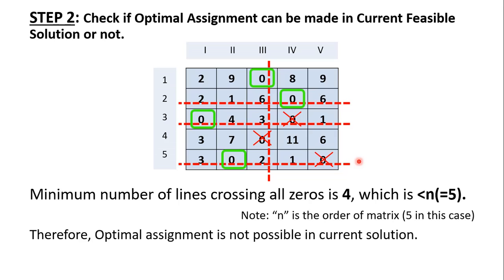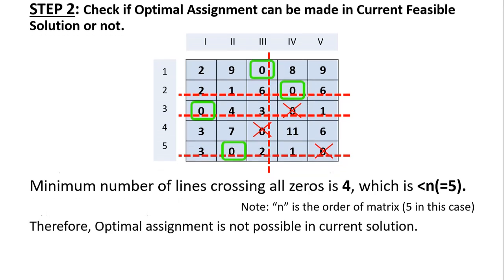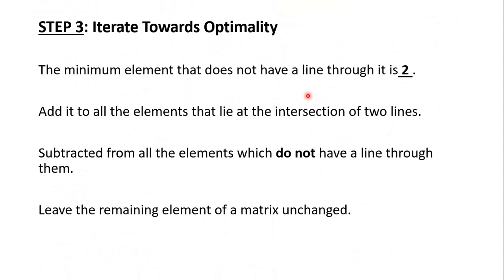Now moving on, in the next step, once we have the proper assignment, the next is to iterate the process. How? By doing the following steps: take the minimum element in the overall matrix which does not have a line through it.